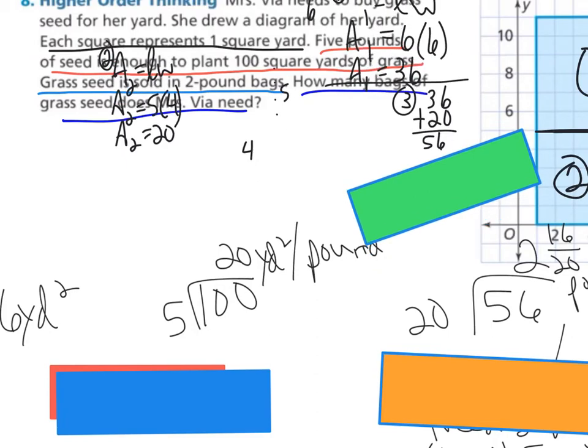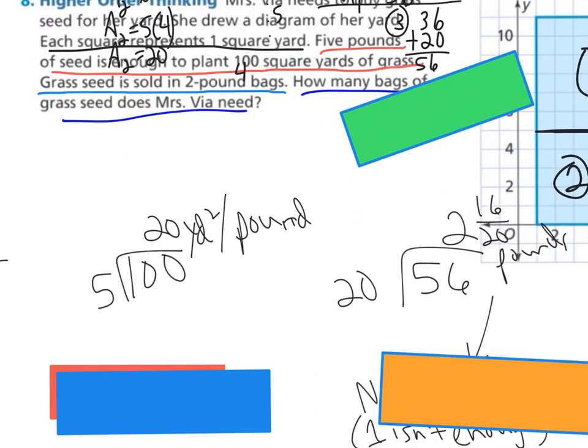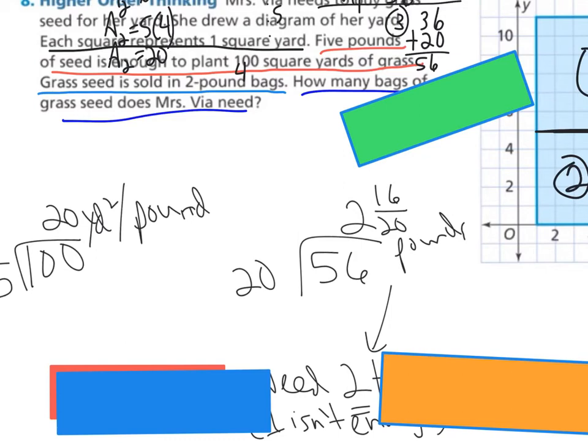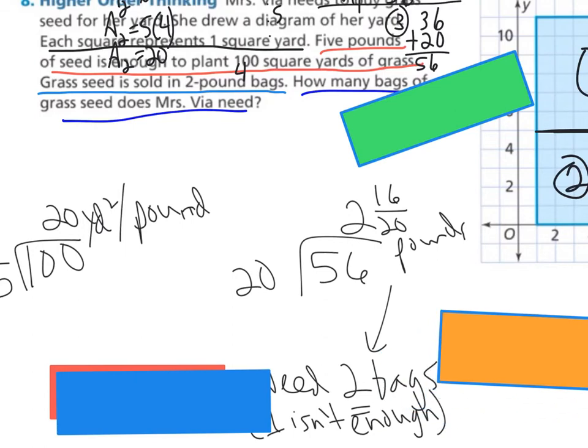And then we have 56 square yards. So if you take 56 divided by 20, that's 2 16/20 pounds that we need.